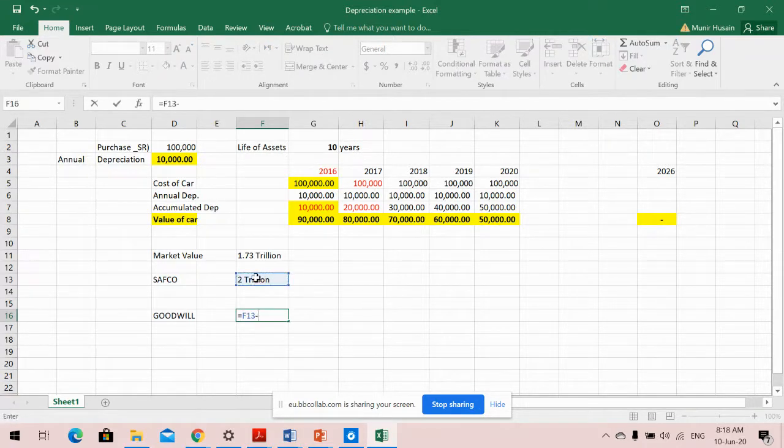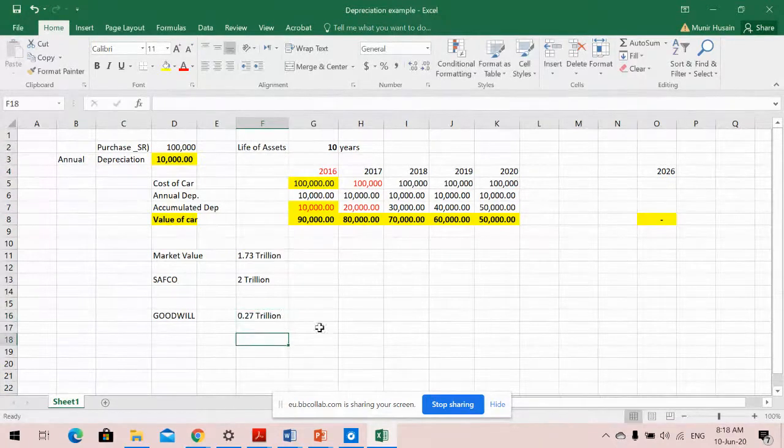The difference, I'll just write the number here, is 0.27 trillion. The difference between this and this. So Safco pays a goodwill of 0.27 trillion.